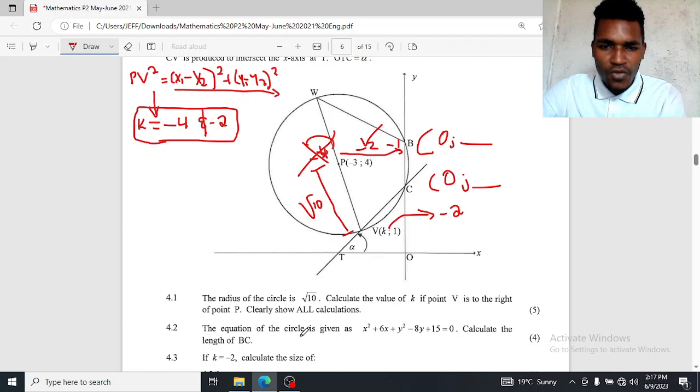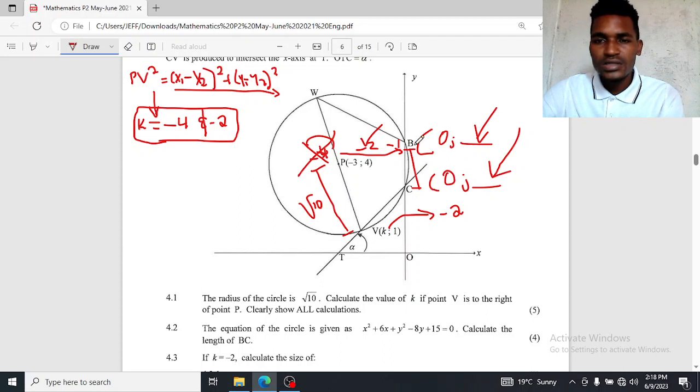BC is the distance between B and C, so if we know the y values at B and C, we can simply say the value of y at B minus the value of y at C is the distance between B and C.